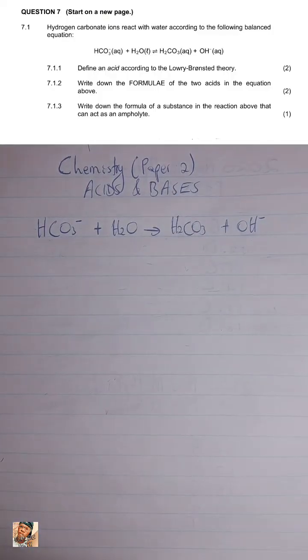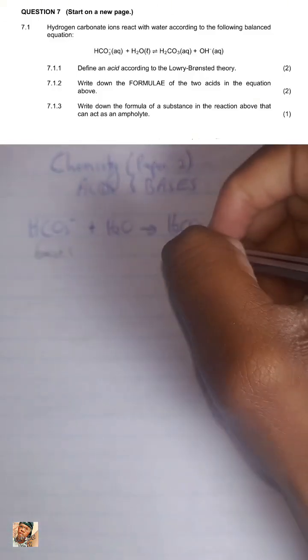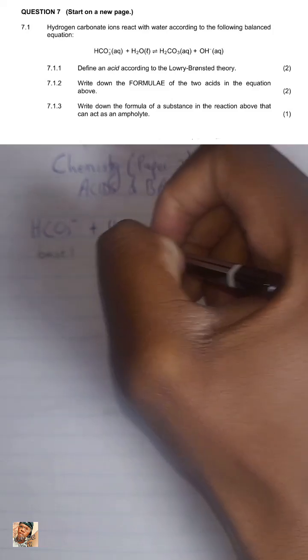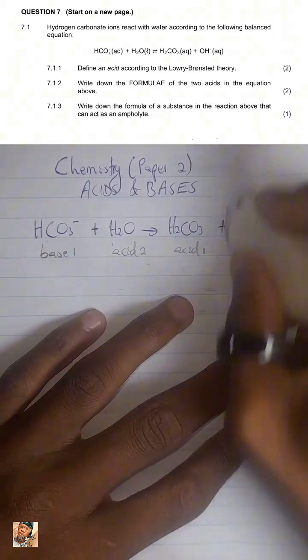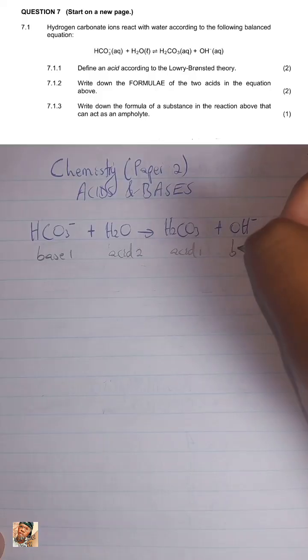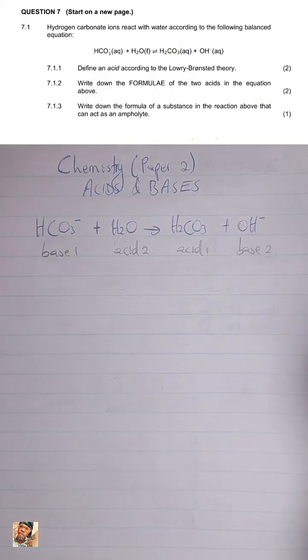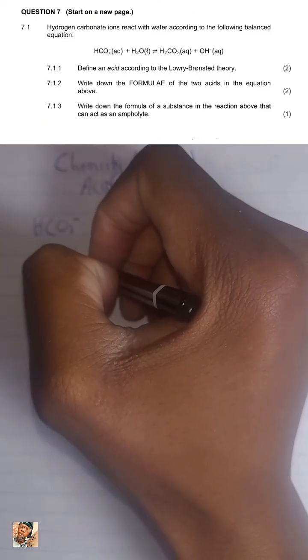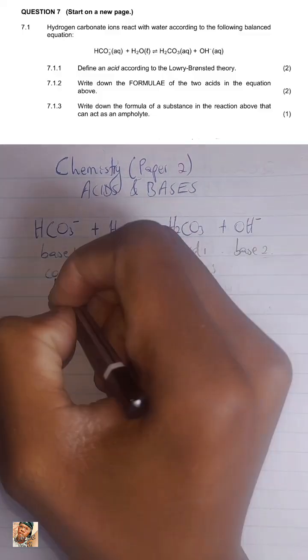Right, so I said that this is base 1, and it has formed acid 1, and this must be acid 2 forming base 2. So what are the conjugate acid-base pairs? The conjugate acid-base pairs are the following.